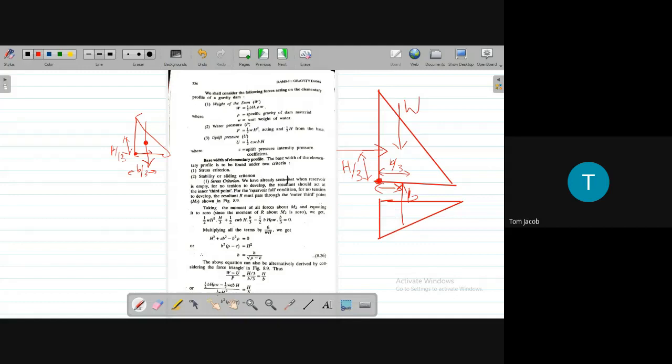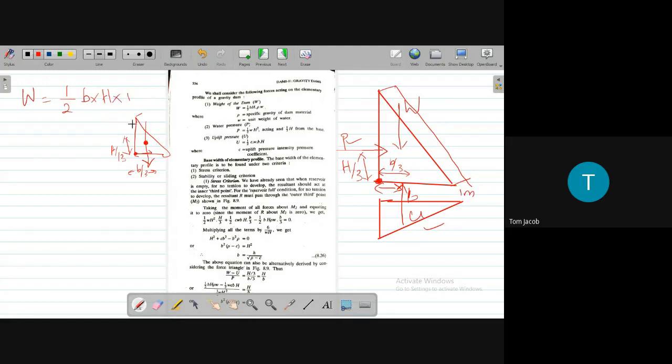Now we need to find out the forces. We know P, W, and U. These are the three forces acting: the weight of the dam, water pressure, and uplift force. The weight of the dam, capital W, is equal to half B into capital H, the area of the triangle, and we are taking 1 meter unit width of the dam, therefore into 1.